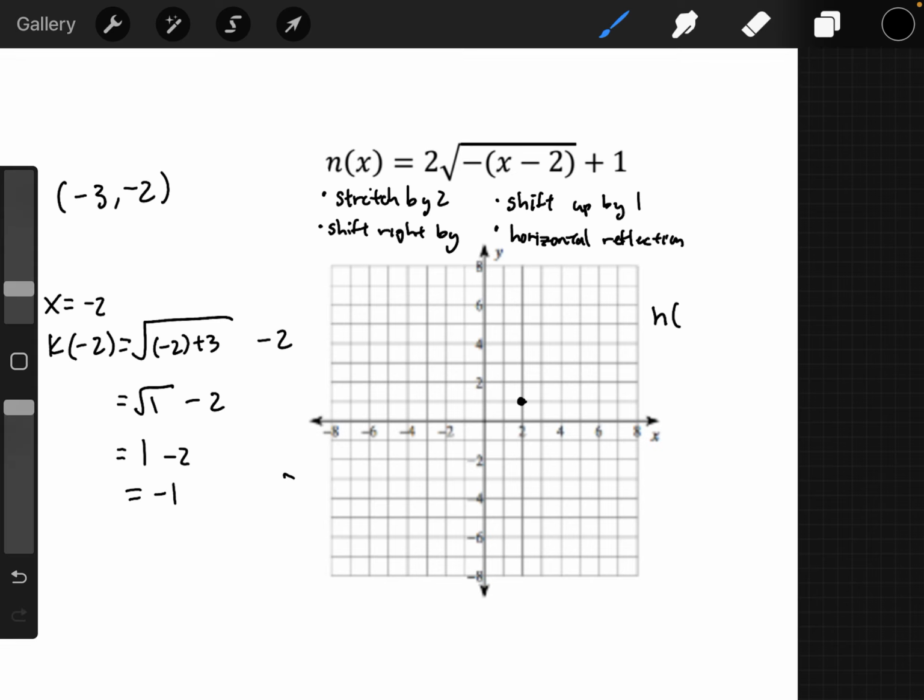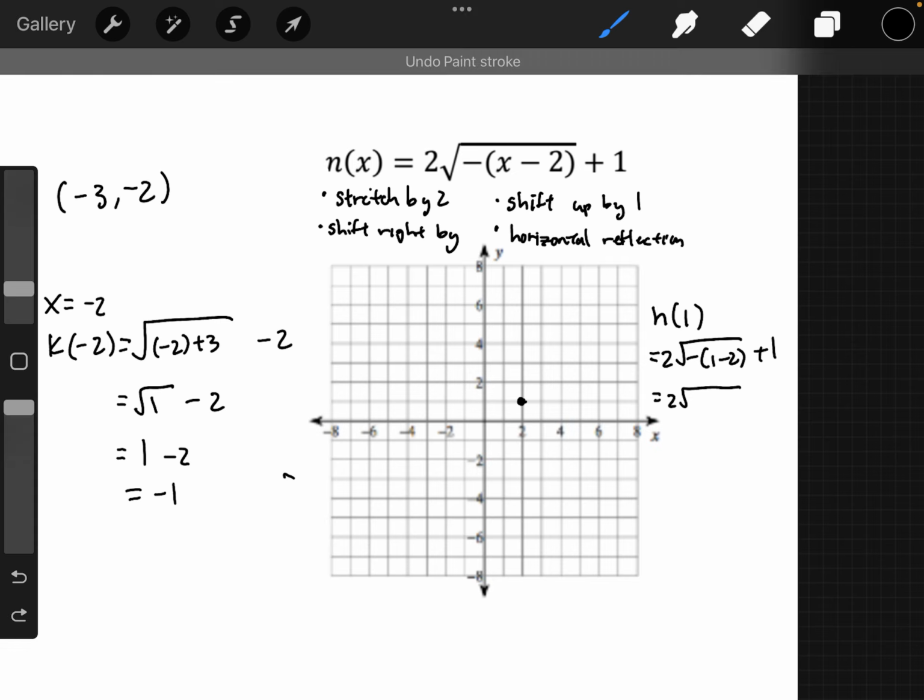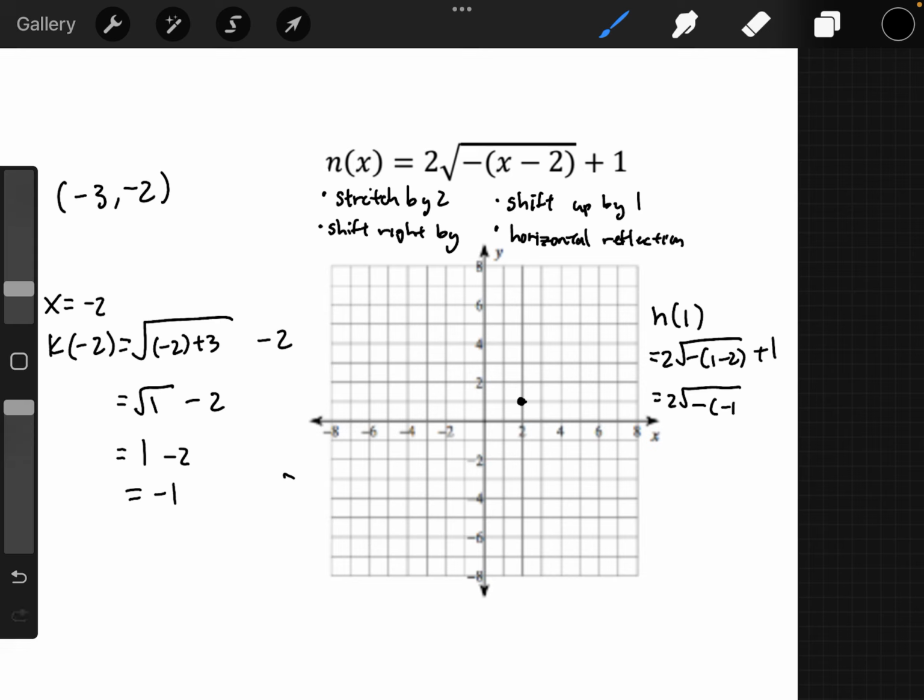So we'll plot the point at x equals 1. So when x equals 1, n of 1 is equal to 2 times the square root of negative 1 minus 2, plus 1. Negative 1, negative 1, which is just 1.